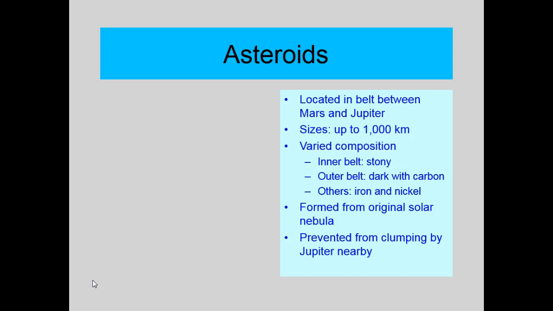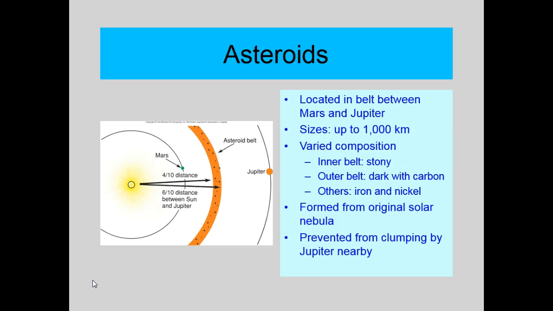We think it was prevented from clumping because Jupiter was too close, too big, with too much of a gravitational field to let them clump like the rest of them did. Later we'll see pictures of the clumping. The asteroid belt just never clumped like the rest of them did. Okay?